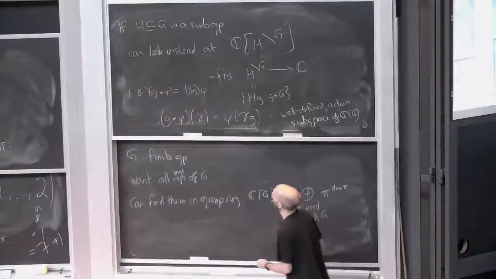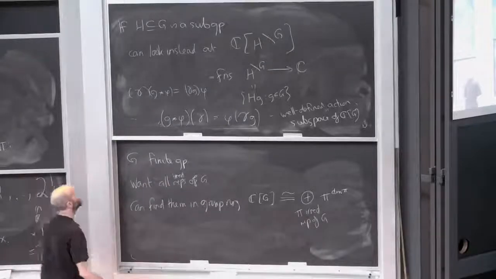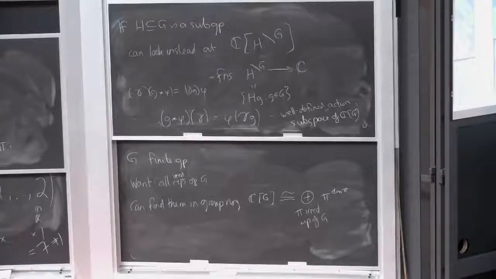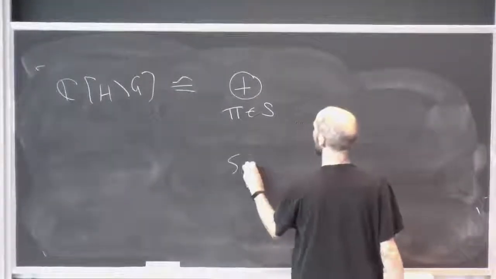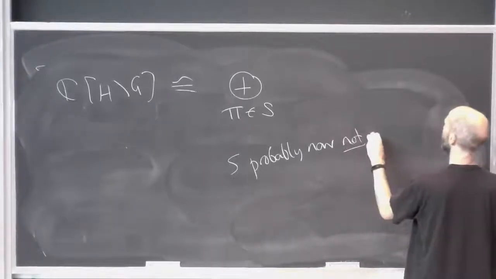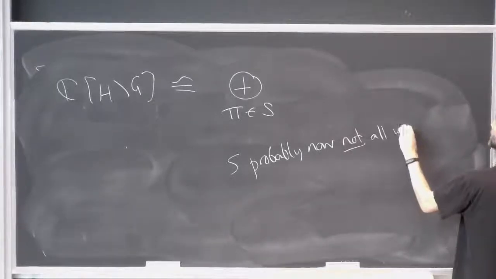So there's a funny thing, right? I've got my group G, I've just written that, and I write down a random subgroup H, and then I can look instead at functions on G mod H. And I still get some representations, but they're not all of them, right? So this C of H mod G is now isomorphic to some direct sum of pi in some set S, where S is probably now not all the irreducible representations, right?